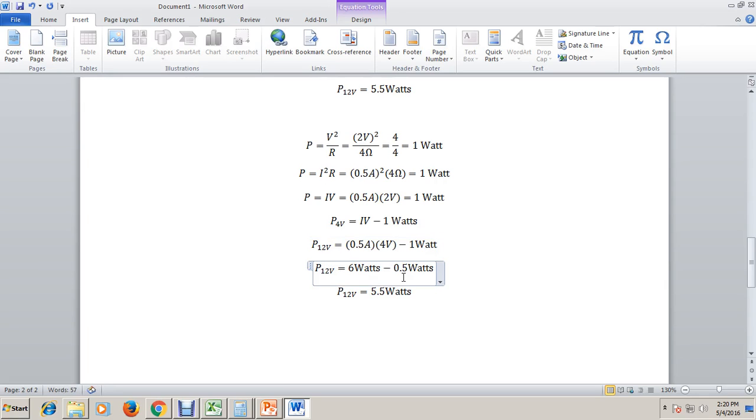So 0.5 times 4 gives us 2 watts minus 1 watt. So finally we have here as equal to 1 watt. Remember, this is the power output for the 4 volt battery.